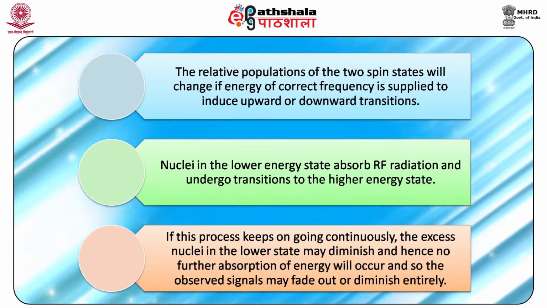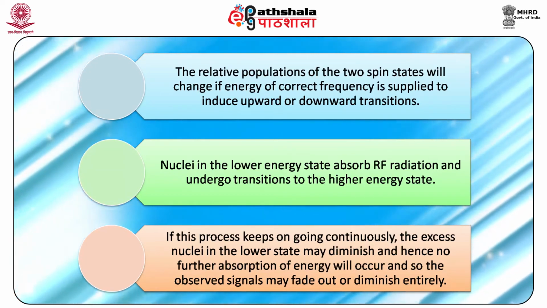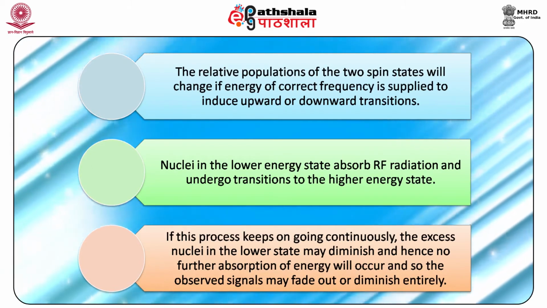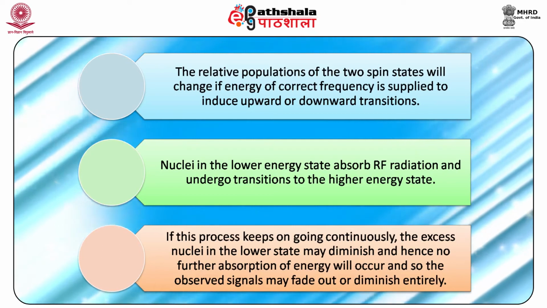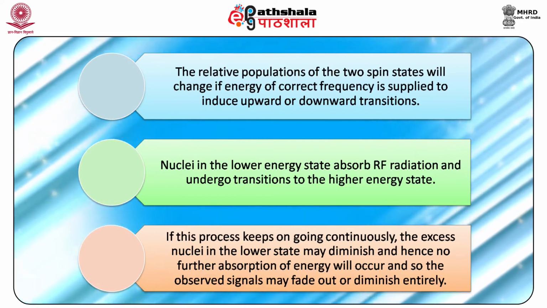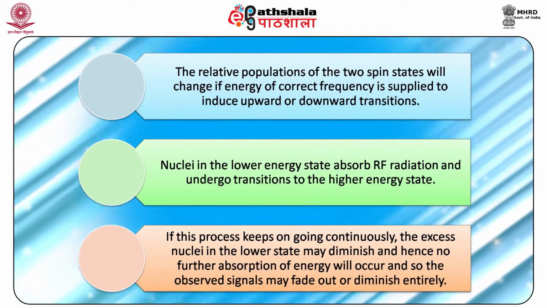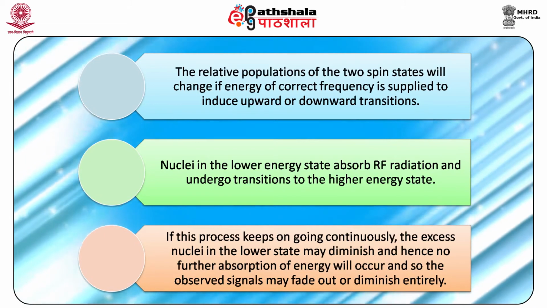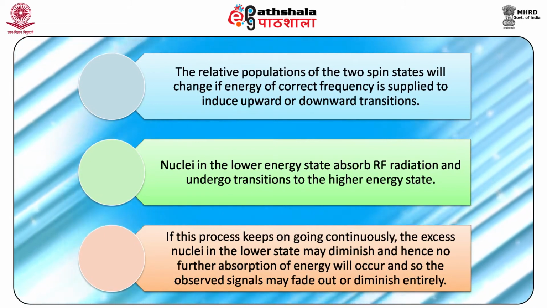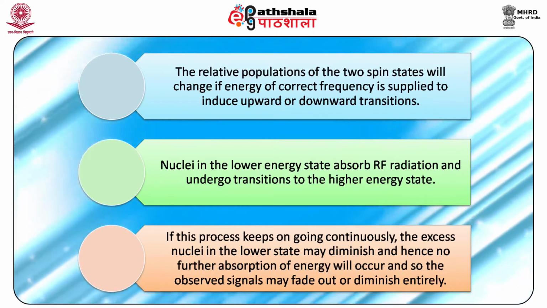Nuclei in the lower energy states absorb RF radiation and undergo transitions to a higher energy state. If this process keeps on going continuously, the excess nuclei in the lower energy state may diminish and hence no further absorption of energy will occur, and so the observed signals may fade out or diminish entirely.